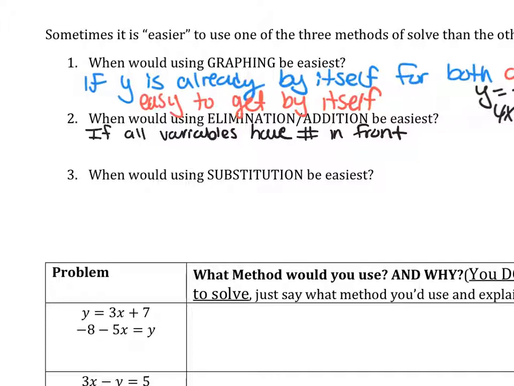For example, if we had 3x minus 2y equals 6 and negative 7x plus 10y equals 22.